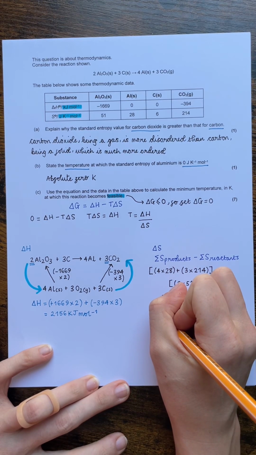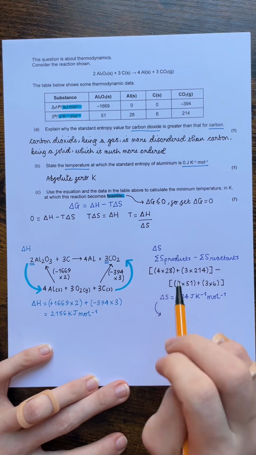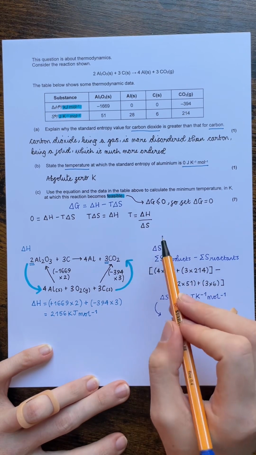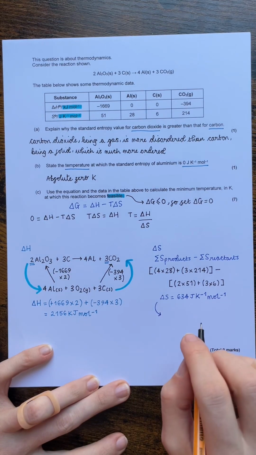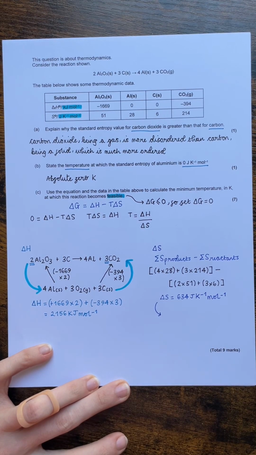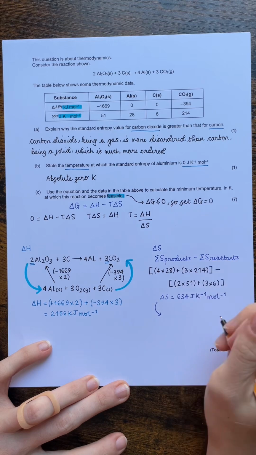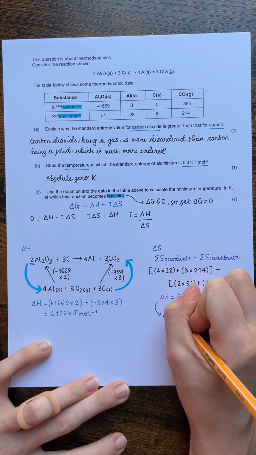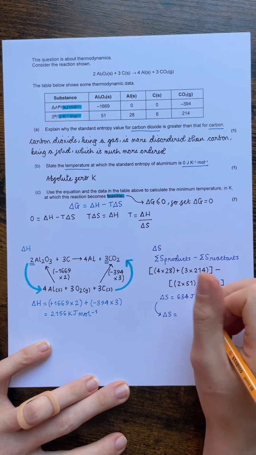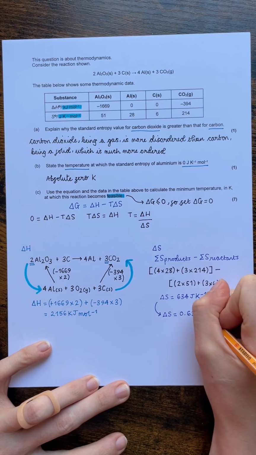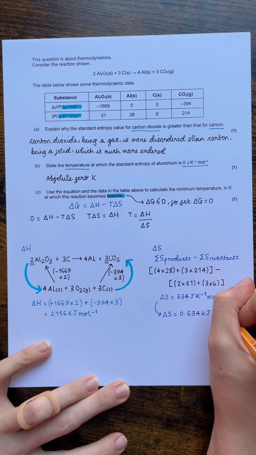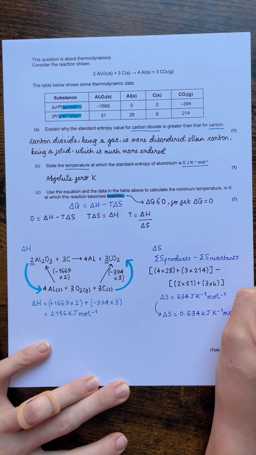So when I know that the value I've calculated for delta S is going to be used in a Gibbs Free Energy equation, I will immediately convert it, because otherwise I would hope I wouldn't forget, but it's certainly good practice, and it just ensures that I'm always doing it that way. I'm teaching others to do it that way, and then hopefully you as students won't forget to do it either. So that will give us, if we divide the joules by 1,000 to get it into kilojoules, 0.634 kilojoules per Kelvin per mole.